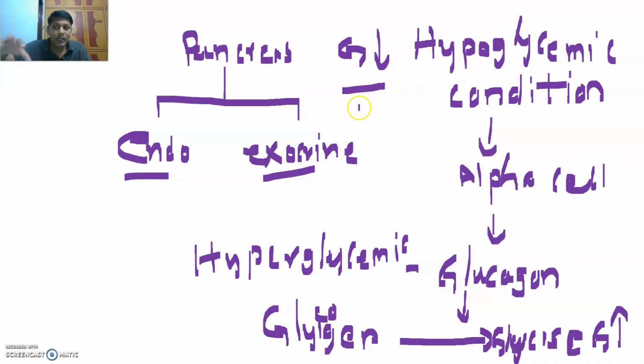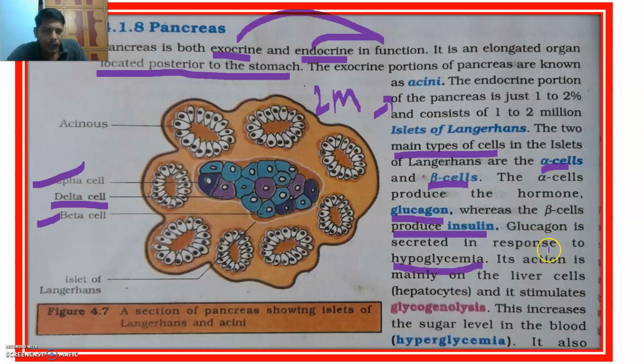When glucose levels decrease, this hormone is produced by alpha cells. And what does it do? It increases the glucose levels by converting glycogen into glucose, and also amino acids and fatty acids into glucose. As it increases glucose levels, it is called a hyperglycemic hormone.